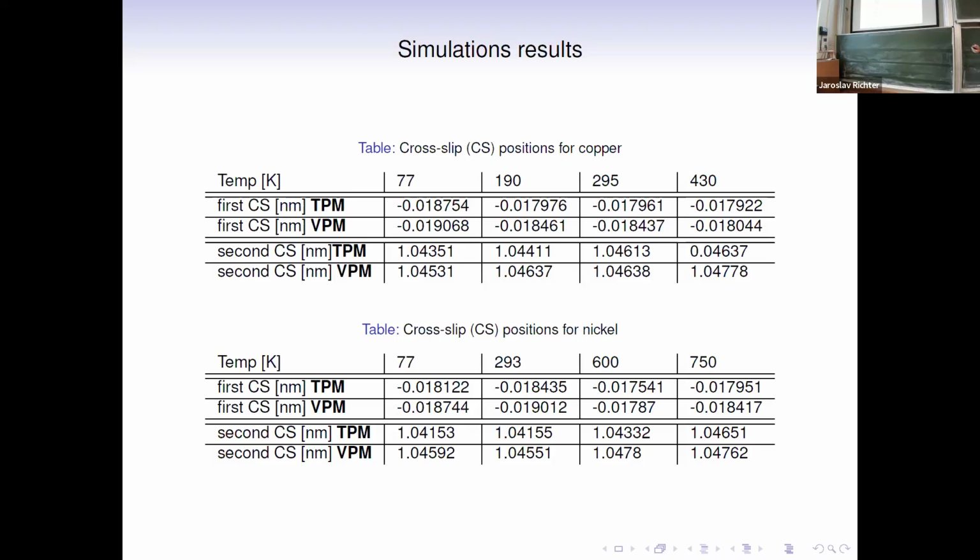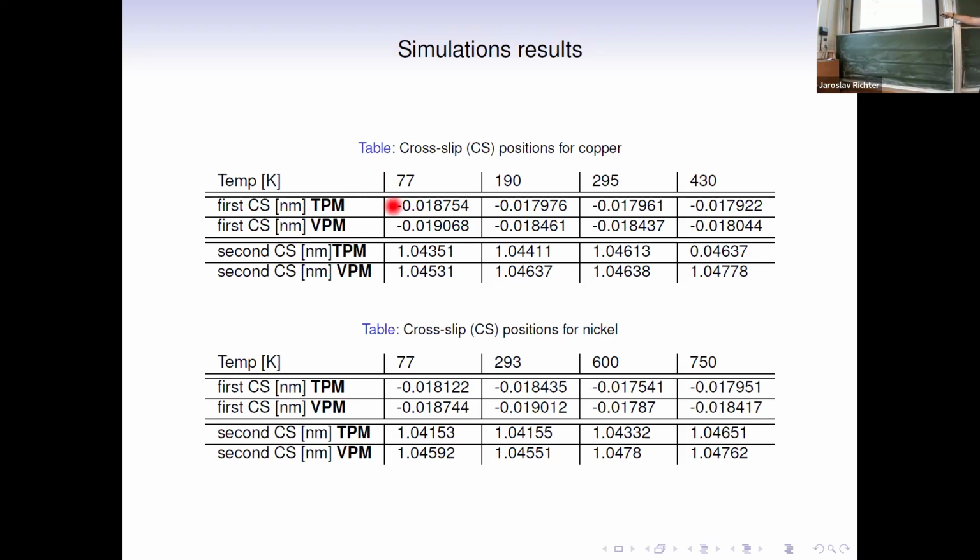When we were evaluating the occurrence of the first cross-slip and of the second cross-slip, in the case of copper and in the case of nickel for the 4 low working temperatures, you can see again TPM, which means tilting projection, and VPM, which stands for vertical projection.